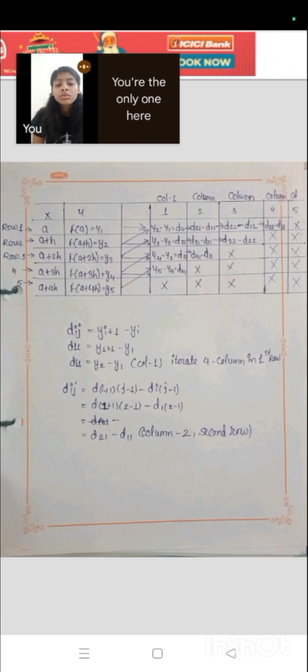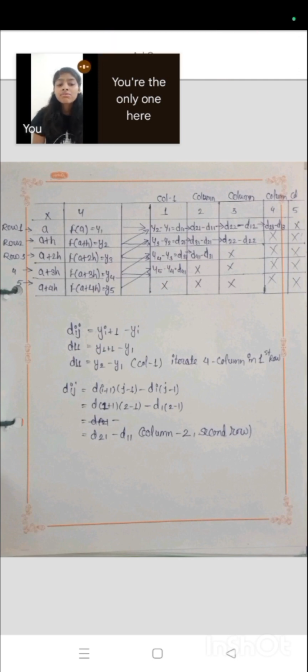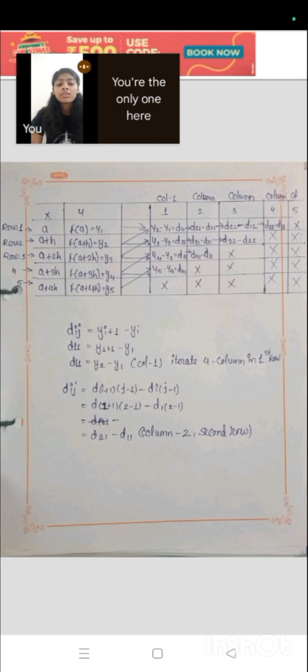So d1, and we put the j value 2, so j minus 1 is 2 minus 1, minus d i, j minus 1, where i is 1. So we solve this condition and find d21 minus d11. This condition gives the column 2 and row 1 value.